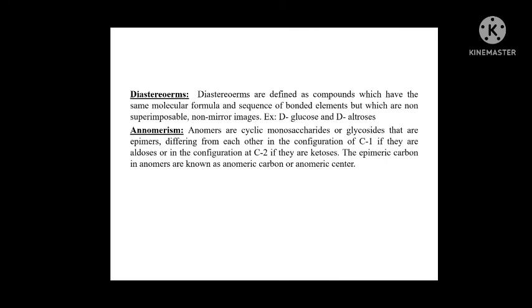Coming to the next property, diastereomers are defined as compounds which have the same molecular formula and sequence of bonded elements, but which are non-superimposable, non-mirror images.